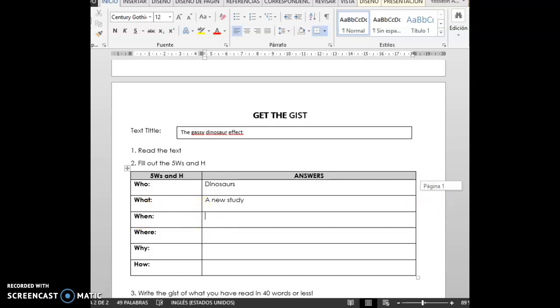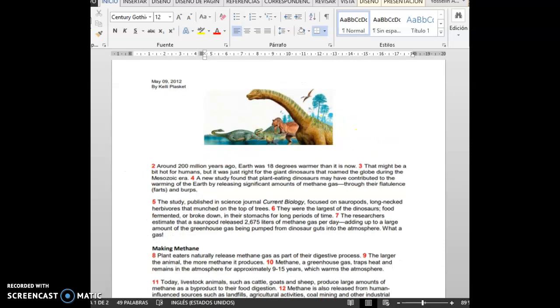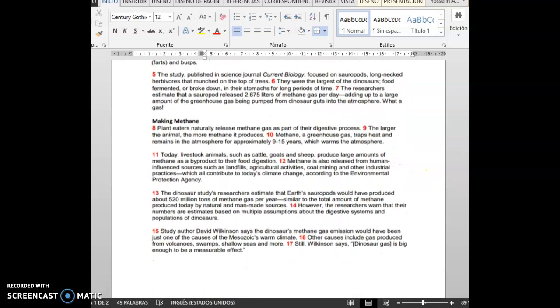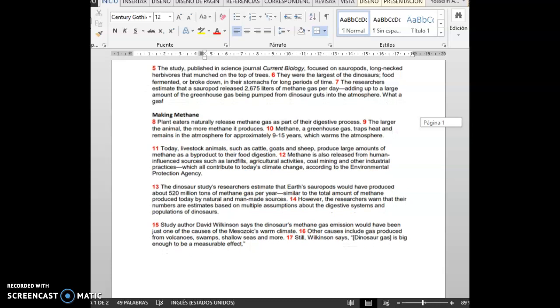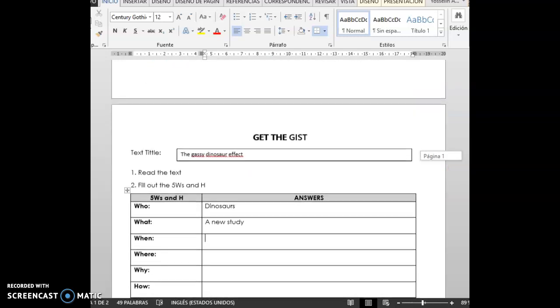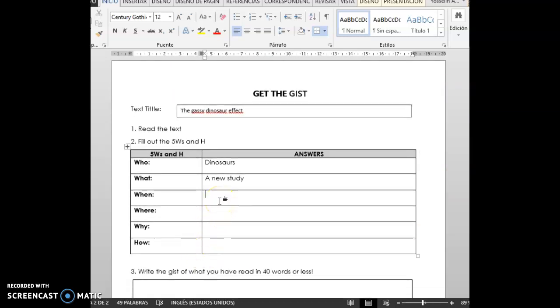When? What is the period that this is talking about? Around 200 million years ago. Okay. Let's do scanning to find another specific point in time. Mesozoic. Oh, it's talking about a specific era. So we can say the Mesozoic era.